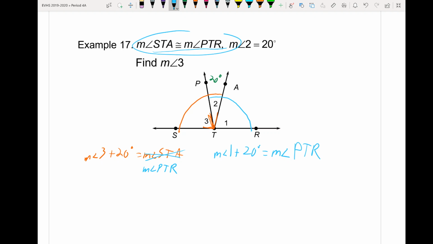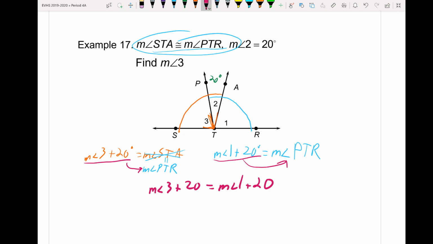Because these two are equal to each other, there's my equality substitution. And now, since this equals PTR and this equals PTR, I can say that the measure of angle 3 plus 20 equals the measure of angle 1 plus 20.